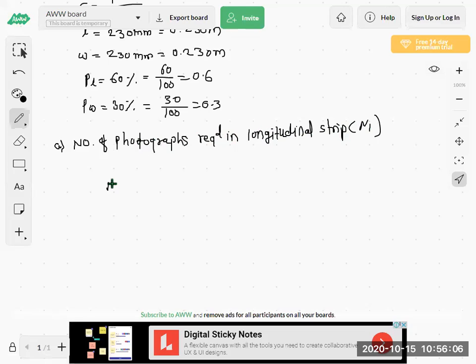So we have to use the formula now for n1. n1 is equal to L1 divided by (1 minus PL) into (1 upon S) into L, plus 1. We have seen this formula.